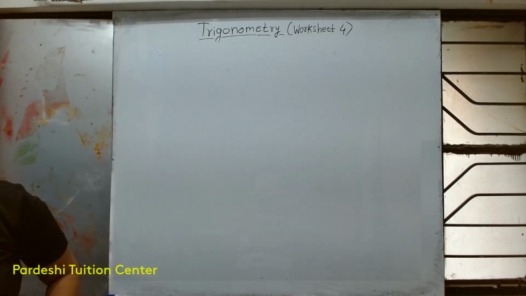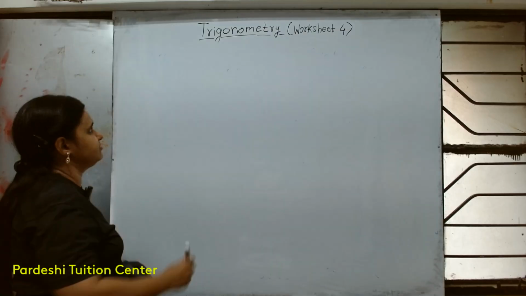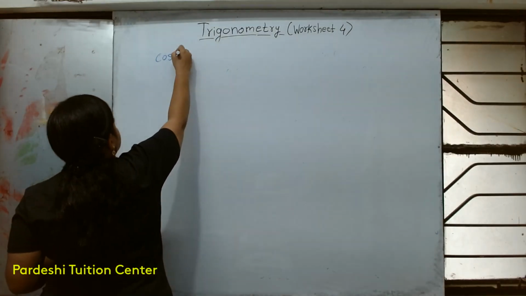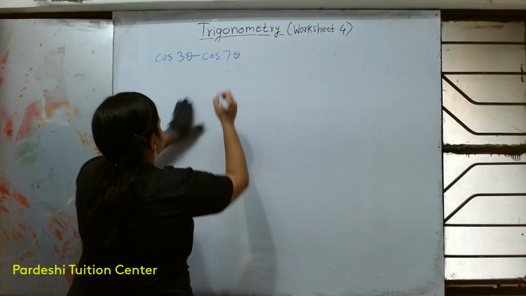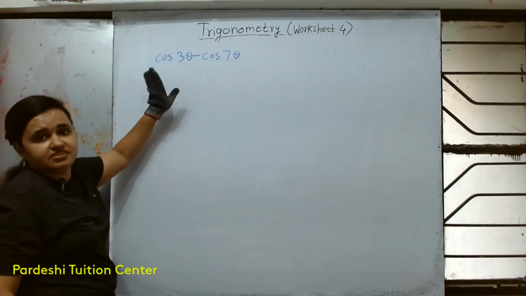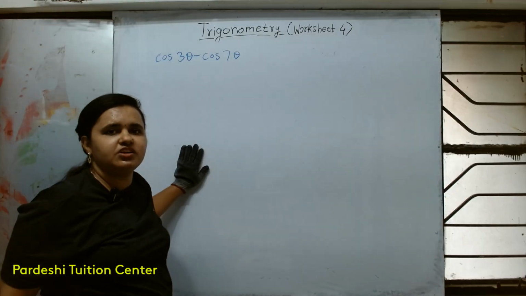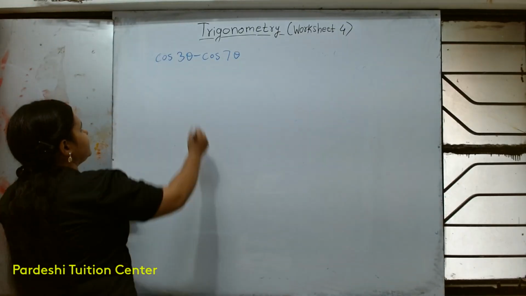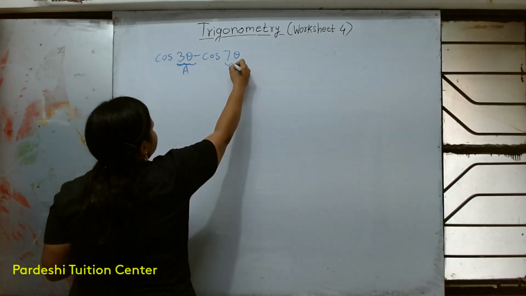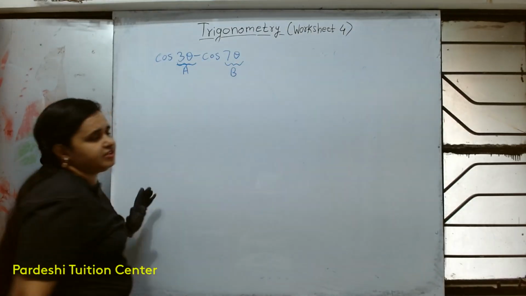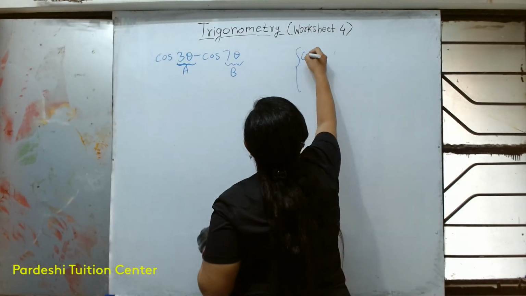Now the next one, the seventh question, is cos 3 theta minus cos 7 theta. Now again this is the formula. The whole chapter is based on 4 formulas only. Now if I take this as A, and this as B, it will be the formula for cos A minus cos B. So what was the formula for cos A minus cos B?